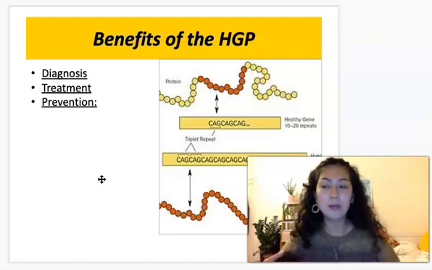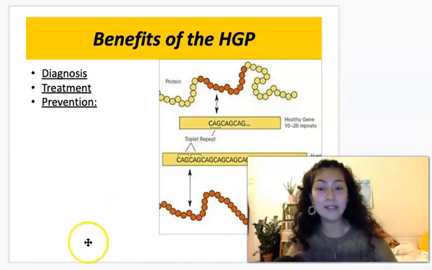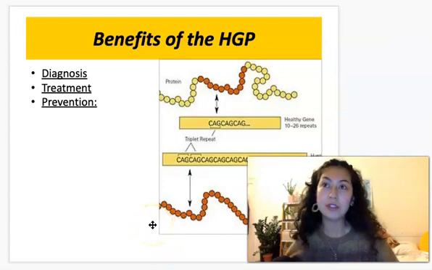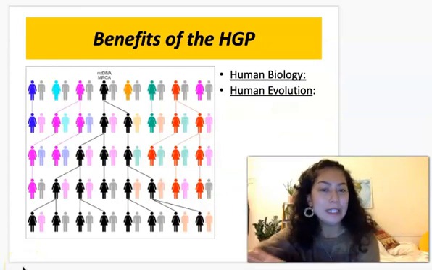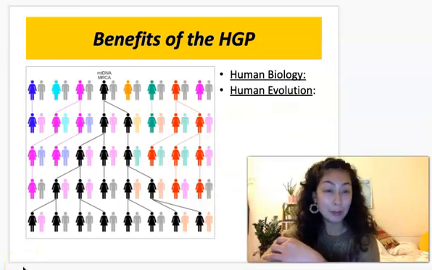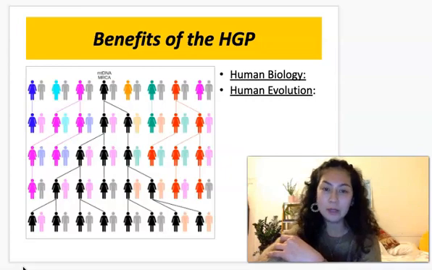Of course, in genetic counselling, if parents want to, they can find out if their children are predisposed to certain conditions or diseases, and they can make informed choices about the future of their family.